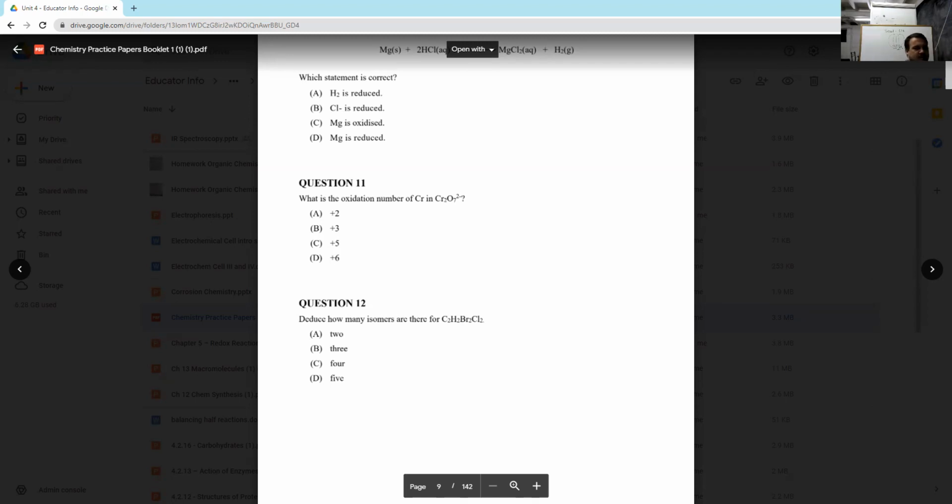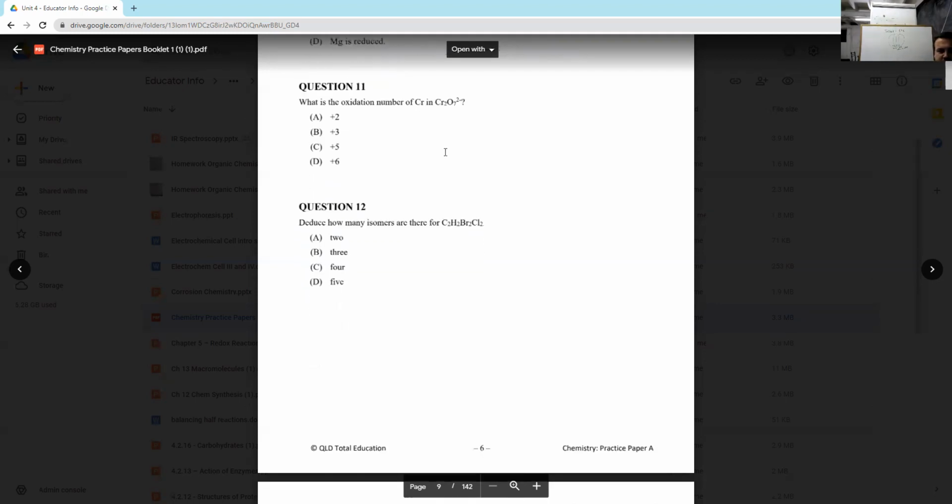So you got 2 carbons. You should be able to draw 4 different arrangements of the isomers.